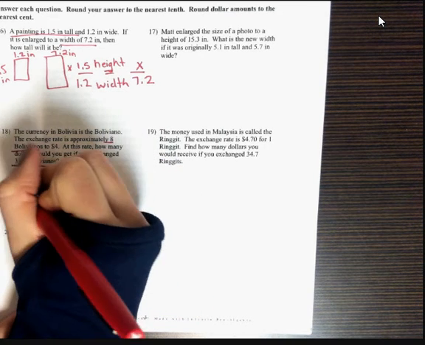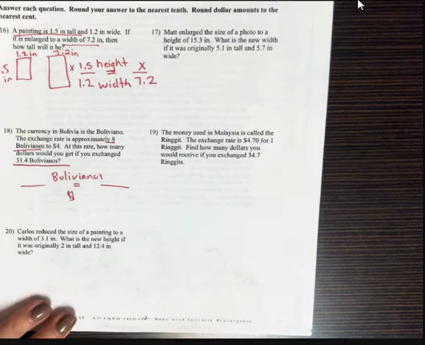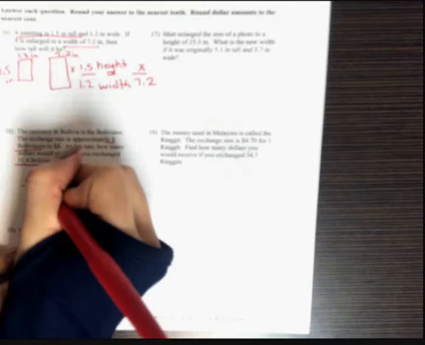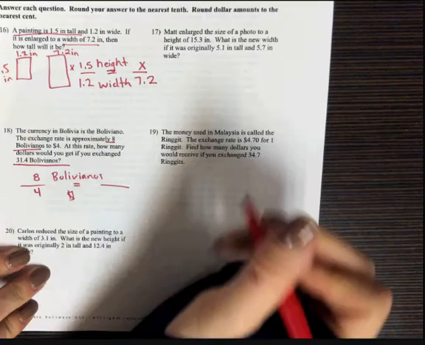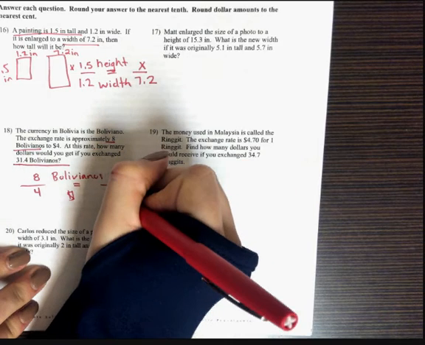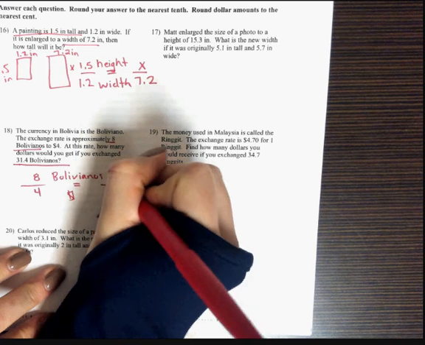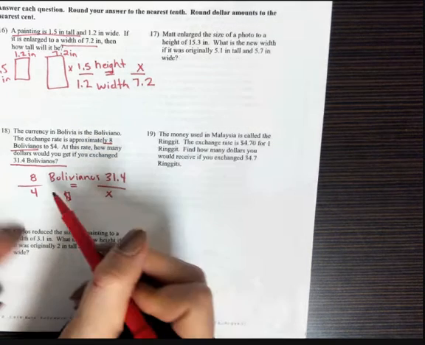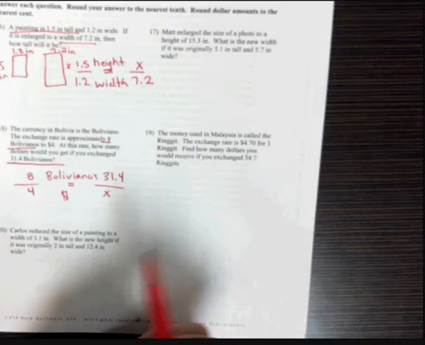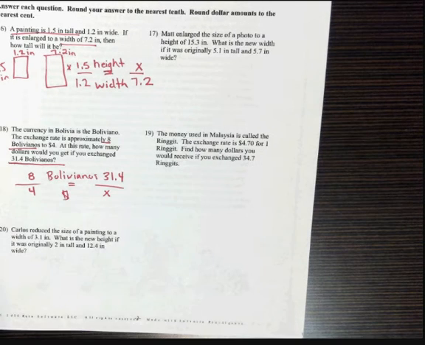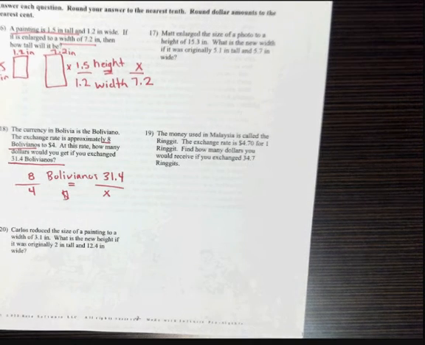I know that if I have 8 Bolivianos, that's $4. So I want to know how many dollars I get. I'm just going to put an X if I have 31 4/10 Bolivianos. And then you just cross multiply and divide like we've already been doing to get your answer.